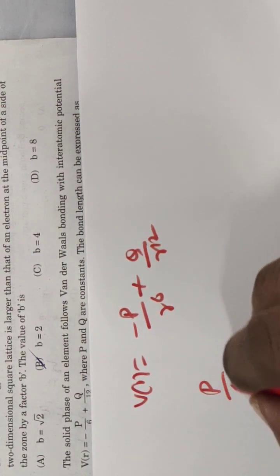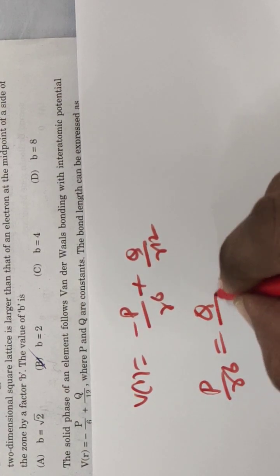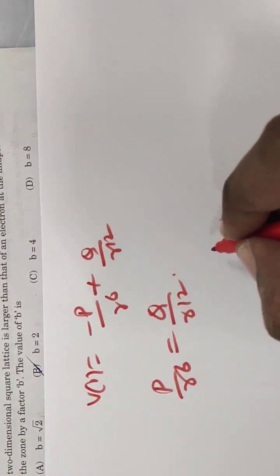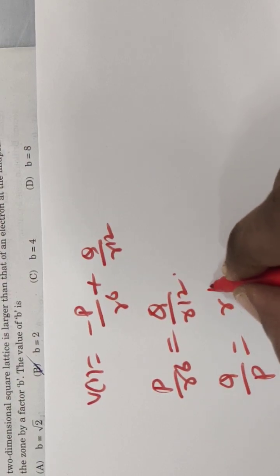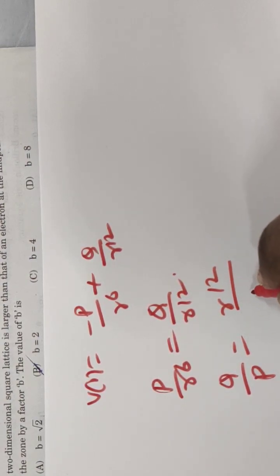So P by R power 6 is equal to Q by R power 12. So Q by P is equal to R power 12 by R power 6.